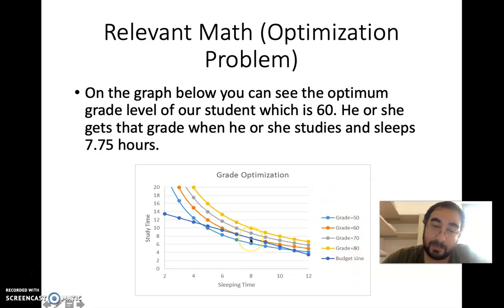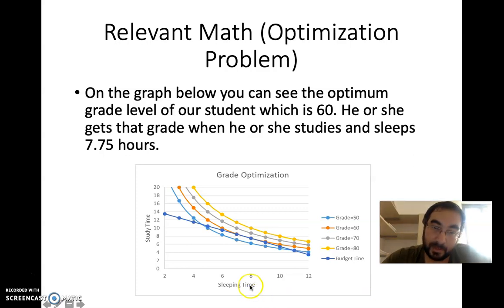And our budget line is tangent to the indifference curve that represents grade 60, which means it never goes above 60, which means we don't have any combination of sleeping and study time that gives us a grade higher than 60.